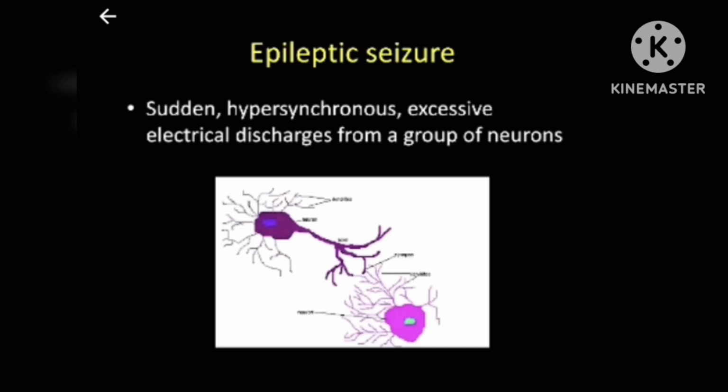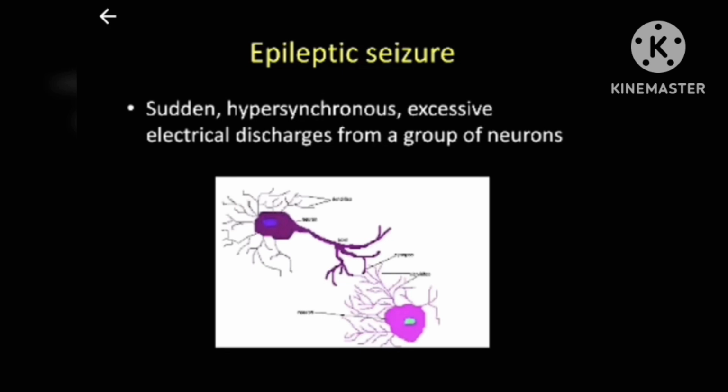But then one group of neurons decides, okay, we are now going to fire synchronously. And there is a rapid, excessive, hypersynchronous electrical discharge. It's like 10 people getting together and saying, okay, we are going to make a noise now, let's do an electrical burst of activity.